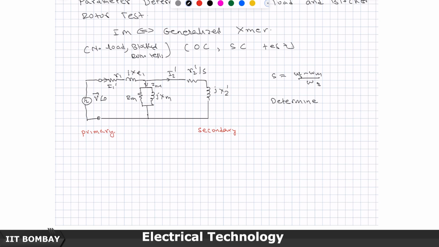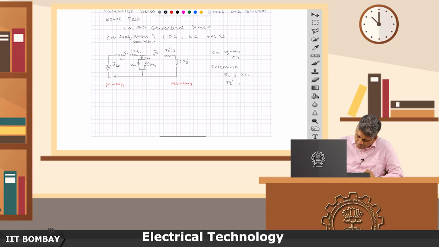What I want as parameters is R1, XL1, R2 dash, X2 dash, Rm and the magnetizing reactance Xm. So, these are the quantities that we want to determine.